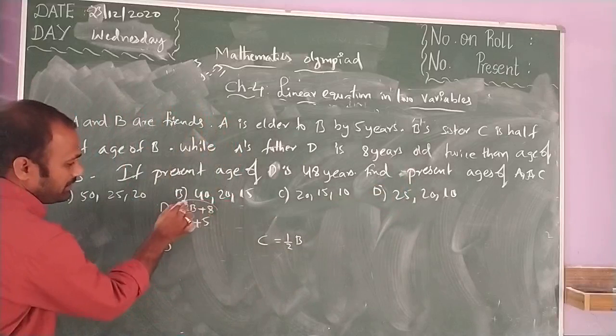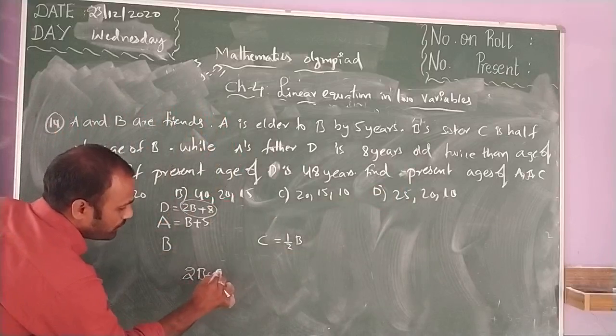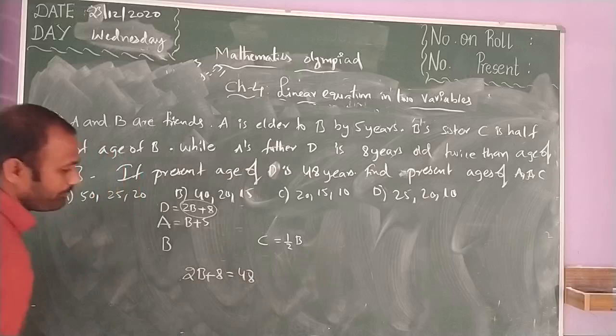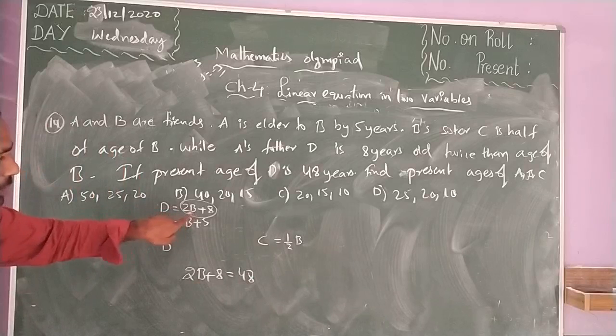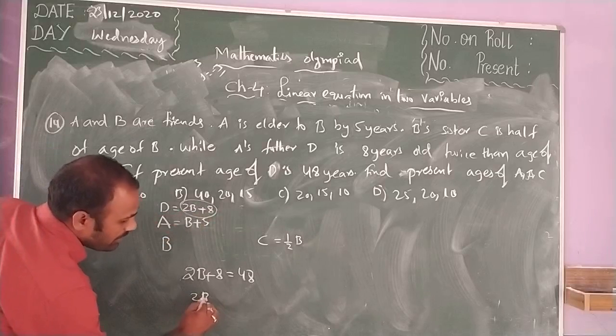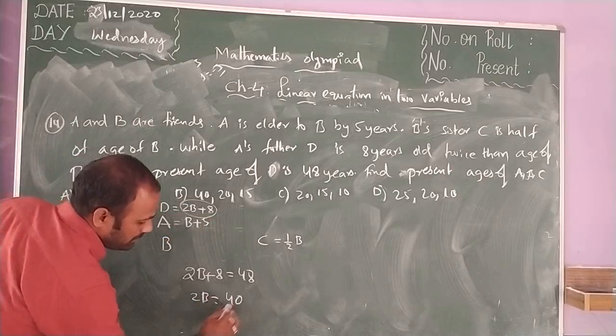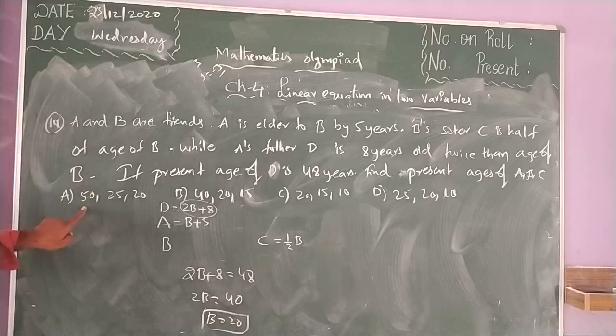So he has given that this value, 2B plus 8, is 48. Why? Because here father D is A's father. So 2 times B is 2B plus 8. So 2B is equal to 48 minus 8, which is 40. So B's age is 20 years. So anyway, option B is 20.